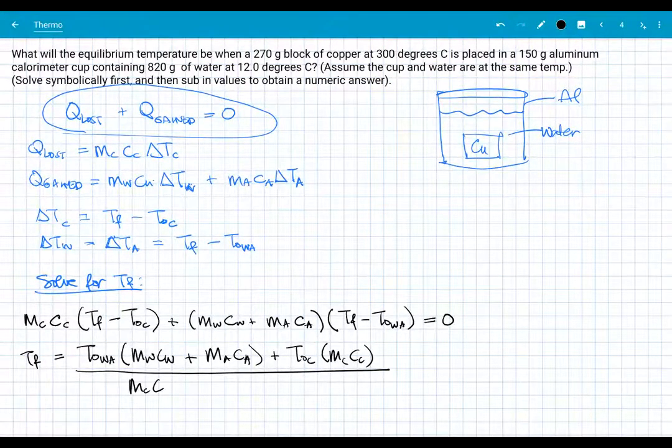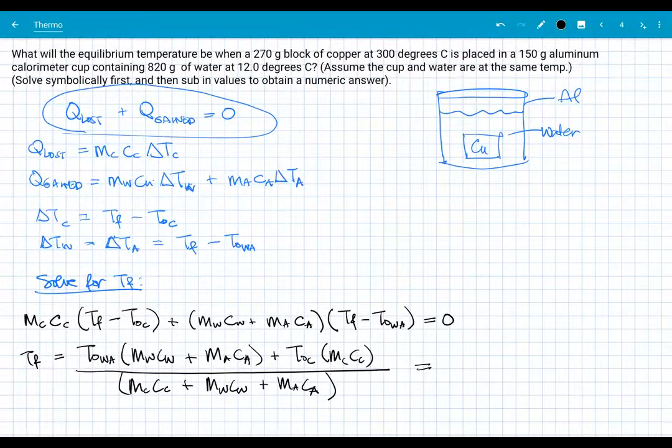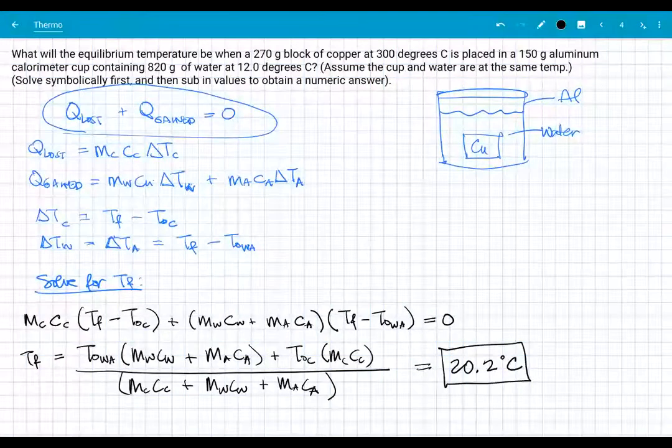And here are all three of my materials in the denominator. So that's my symbolic solution there. If you end up substituting in all these numeric values, what you'll get, if everything's subbed in correctly, you should get something around 20.2 degrees Celsius for your numeric answer here.